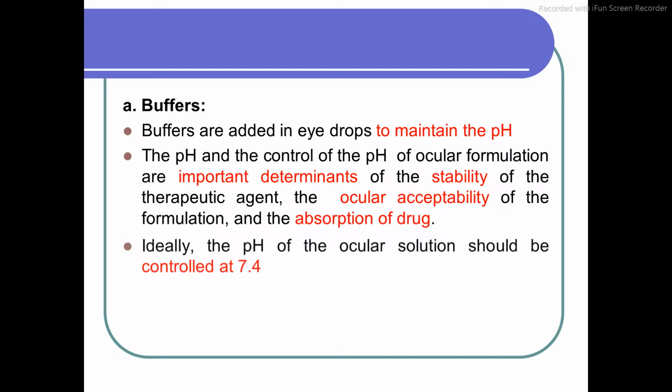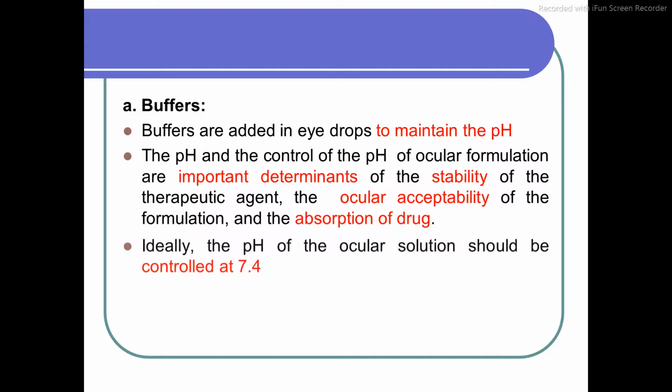Ideally, the pH of an ocular solution is controlled at 7.4. So ideally, it is expected that the buffer pH of your ophthalmic drop must be around 7.4, because this is the natural pH of your lacrimal fluid. Once the pH varies, the patient may feel irritation.